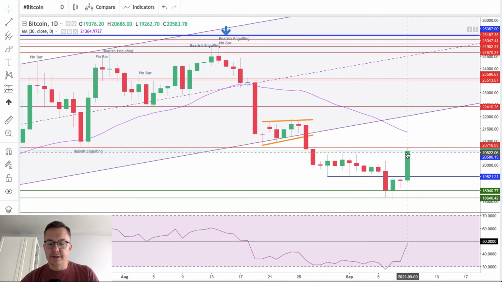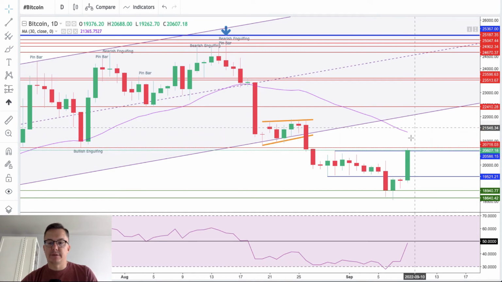So this is the nice bounce, nice rally here, and if this momentum will stay on this level, then of course we might see some very nice bounce towards the 50-day moving average, lower channel line, and so on.